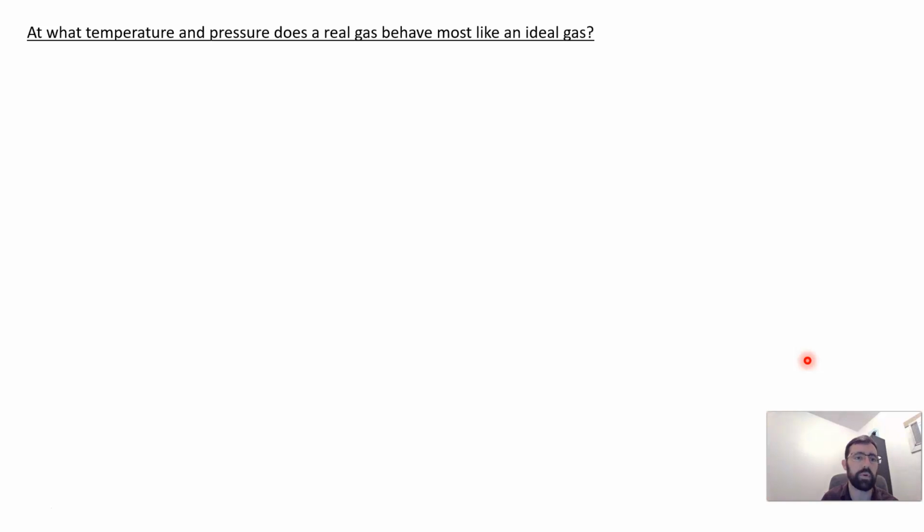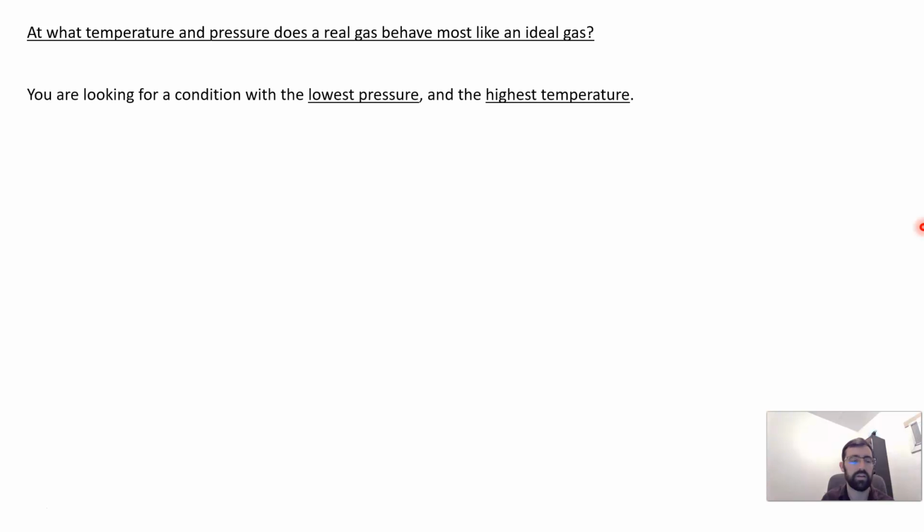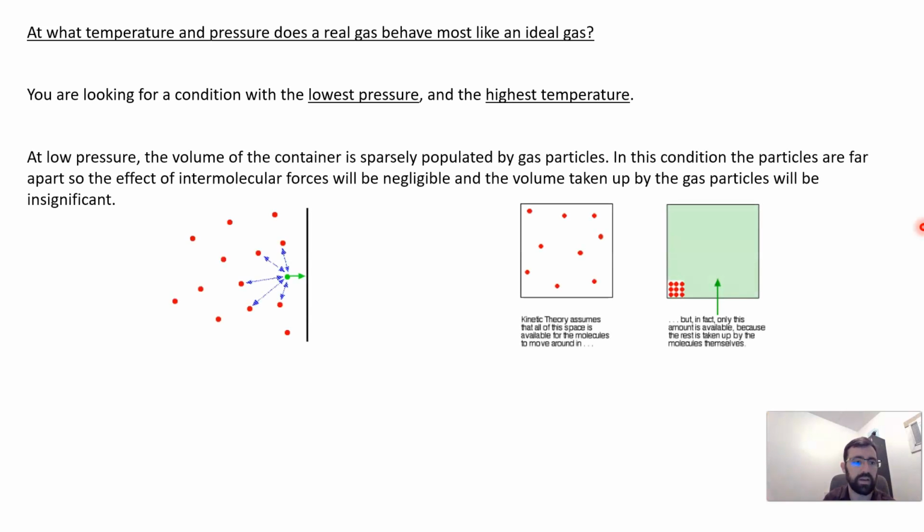And at what temperature and pressure does a real gas behave most like an ideal gas? Well, we're looking for a condition with the lowest pressure and the highest temperature. At low pressures, the volume of the container is sparsely populated by gas particles.